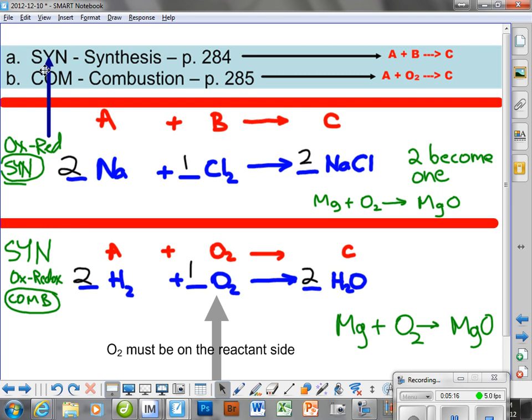So let's look at synthesis first, and you notice I circled synthesis, SYN, here because this formula was originally used to talk about synthesis, which is A plus B becoming C. Synthesis, you're putting two things together. And the two things we're putting together are the sodium and chlorine.